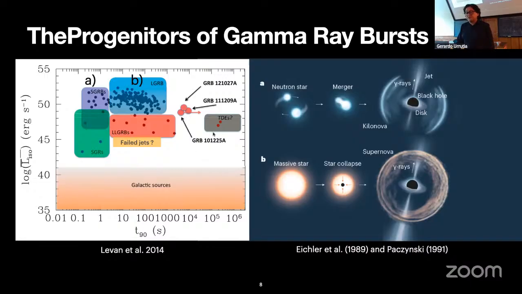Probably these bursts come from tidal disruption events, or we have other low luminosity jets which are probably produced by failed jets, and other soft gamma repeaters which are probably produced by magnetars.